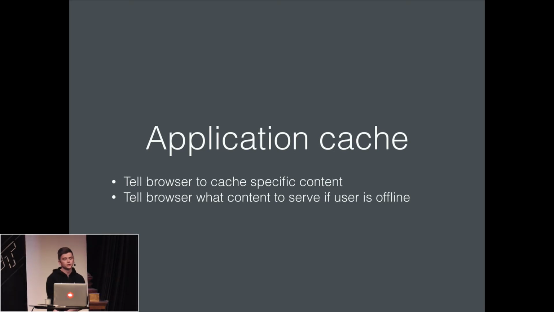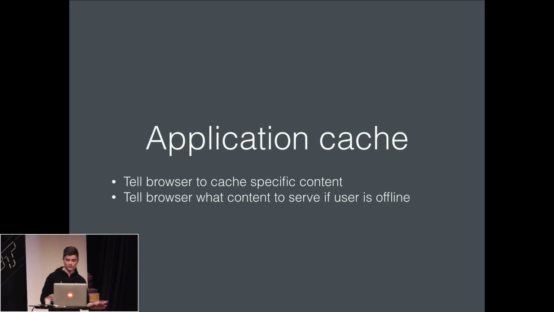It can tell the browser to cache specific content for online use, so that if you know these files will always be static, you can force cache them in the web browser. And it also has a fallback functionality, so that if the web browser is offline, you can say that you should always serve this file.